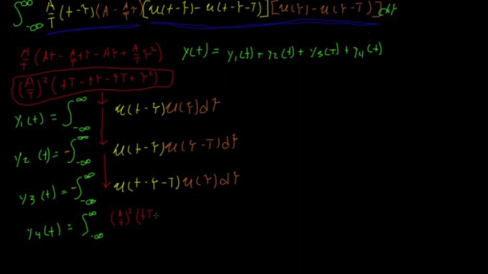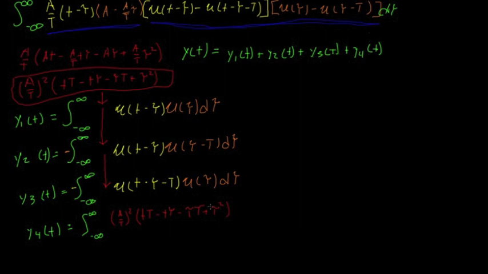times big T minus little t times tau minus tau times capital T plus tau squared.